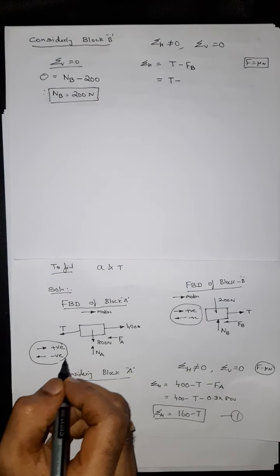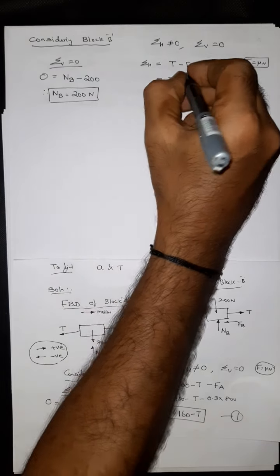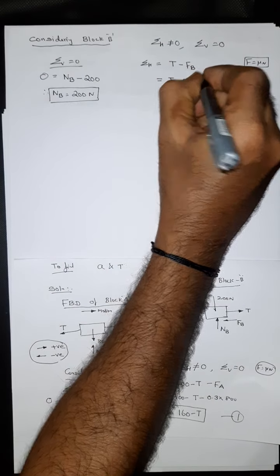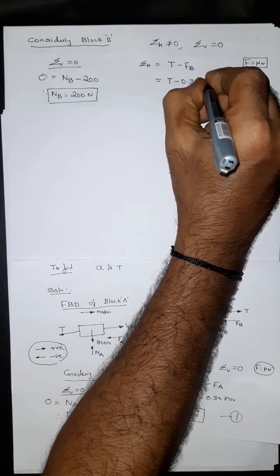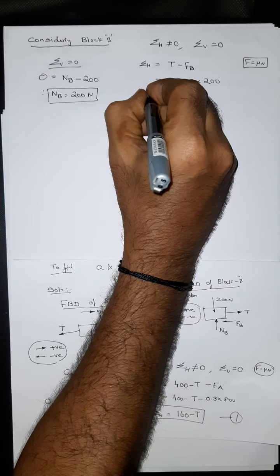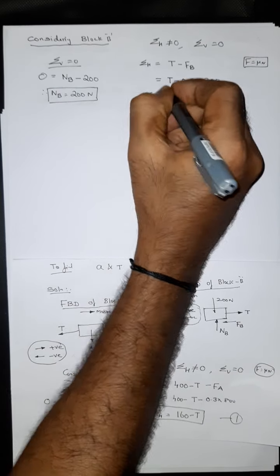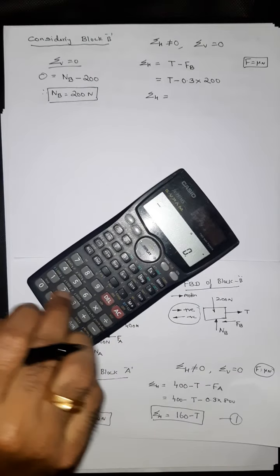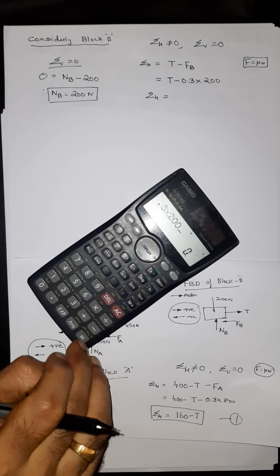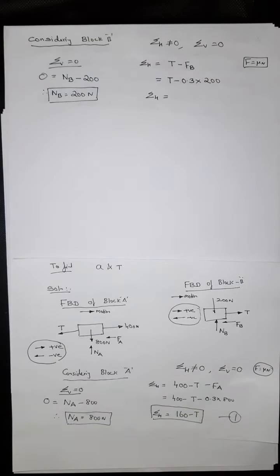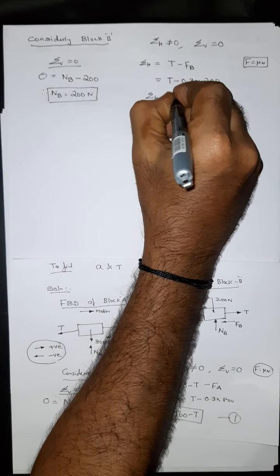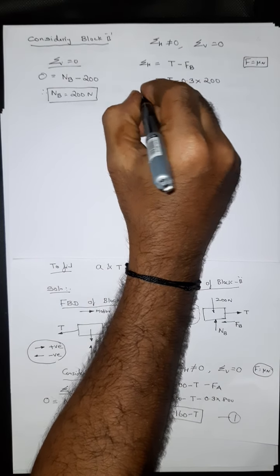So mu value is 0.3 into NB, value is 200. Therefore, summation H equal to 0.3 into 200, 60. T minus 60.